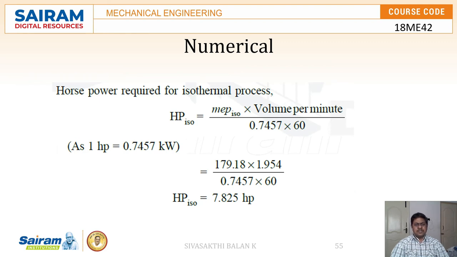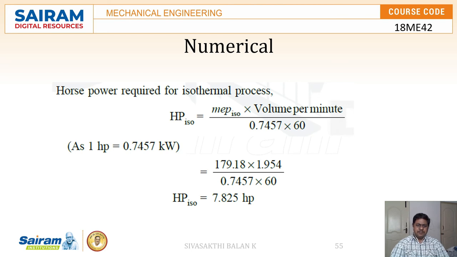Now let us calculate how the horsepower for each process is calculated. 1 horsepower is nothing but 0.7457 kilowatt. From this we can see that HP is mean effective pressure multiplied by volume per minute divided by 0.7457 into 60.